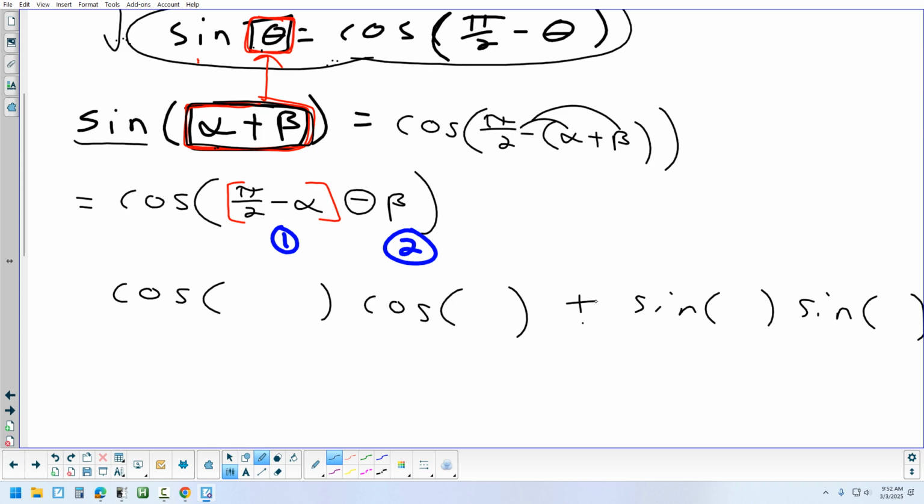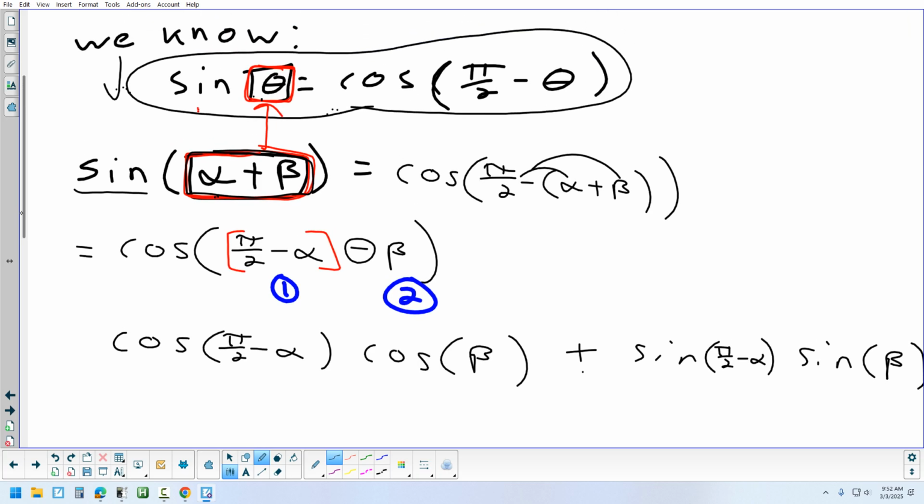It's always the opposite. And then for my first angle, I'm filling in pi over 2 minus alpha. For my second angle, beta. Pi over 2 minus alpha and beta. Not going to be able to do anything with the betas. Those we can't do much with.